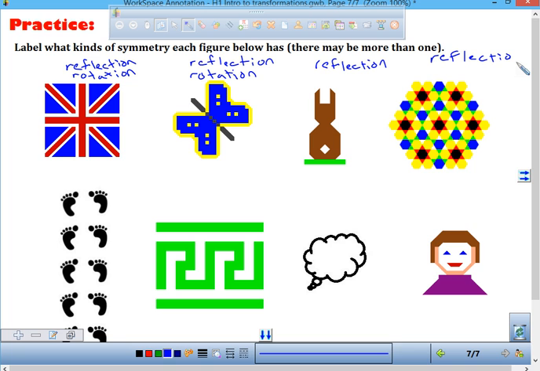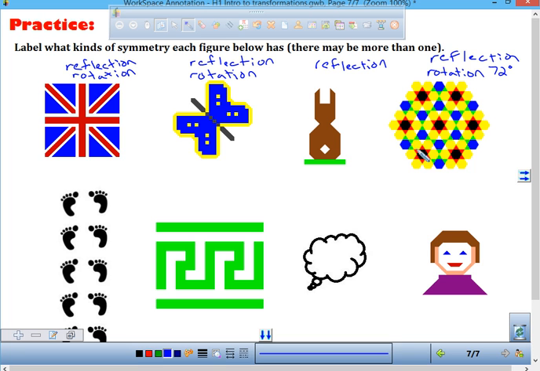Because I go here, 1, 2, 3, 4, 5. So I could turn it 5 times. So how do I find the degree measure that the angle of rotation is? 360 divided by 5. And 360 divided by 5 is 72. Okay? A rotation. And that would be 72 degrees.